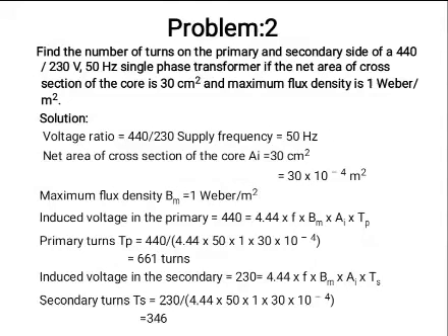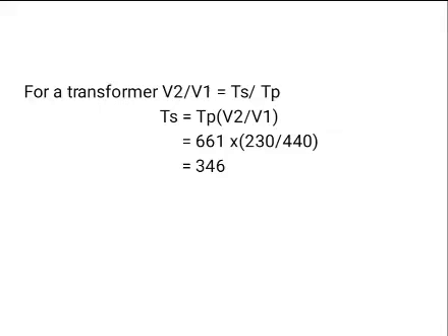By substituting all these values we calculated the primary turns, and then the secondary turns are calculated by taking 230 in place of 440. From the turns ratio, V2 by V1 is equal to N2 by N1. With respect to that we calculate the secondary turns.